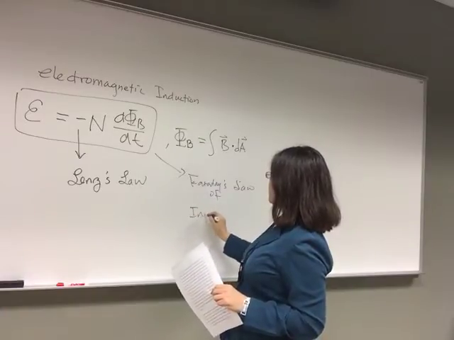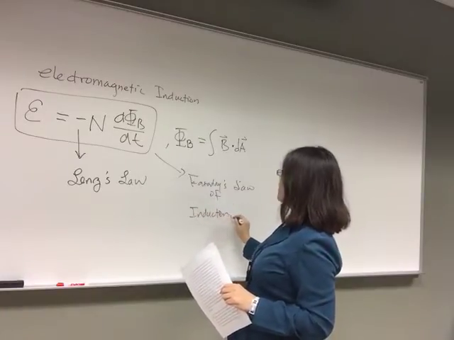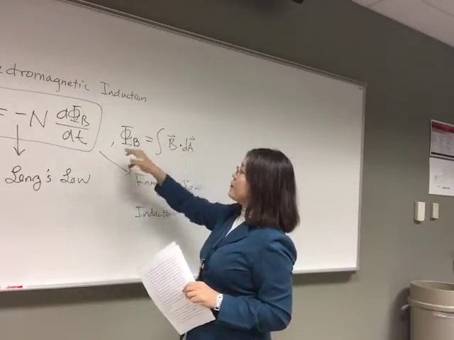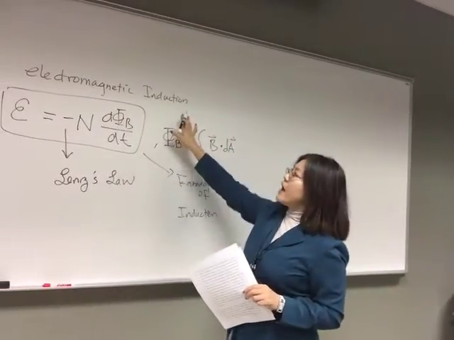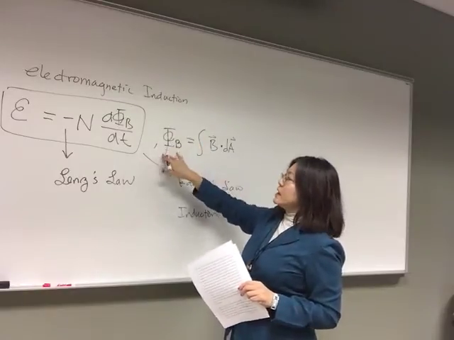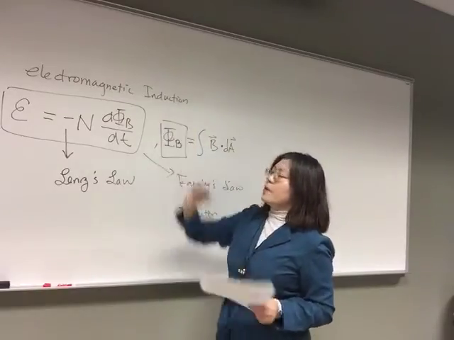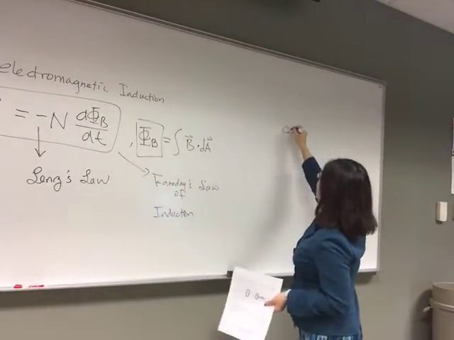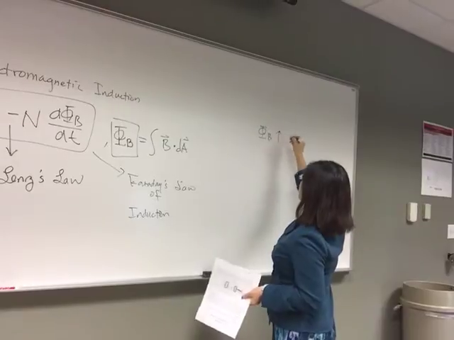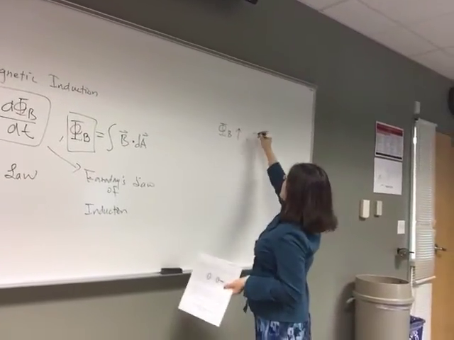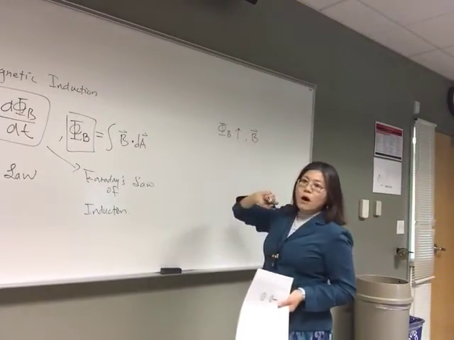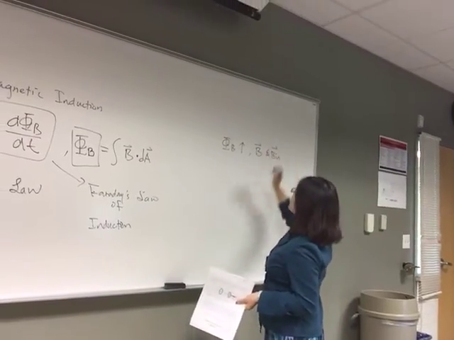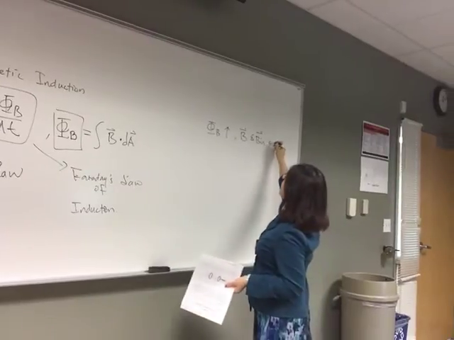So in terms of the phenomena, these are the equations that we have, and this is the magnetic flux. As you can see, in order to have electromagnetic induction, the key parameter that you should be looking for is the magnetic flux. If the magnetic flux increases, the original magnetic field of the circuit and the induced magnetic field in the circuit have to be in the opposite direction.